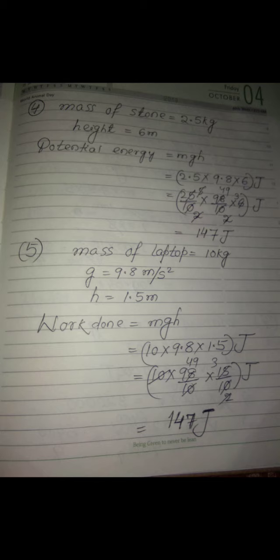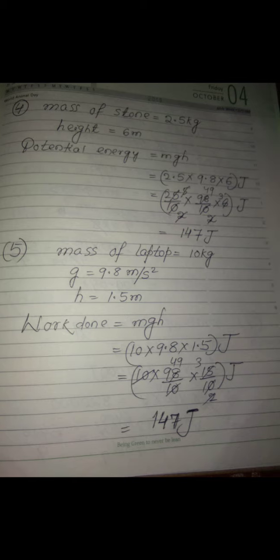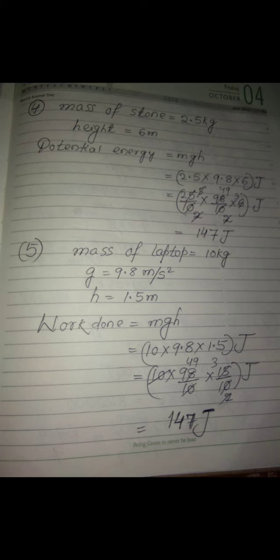Thus, m into g into h is 2.5 into 9.8 into 6 joule, that is 25 by 10 into 98 by 10 into 6. After calculation you will get 147 joule. Thus the potential energy is equal to 147 joule.